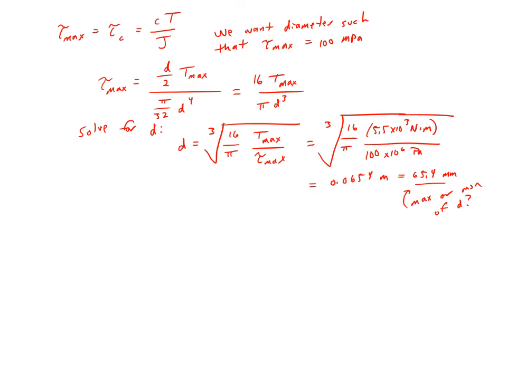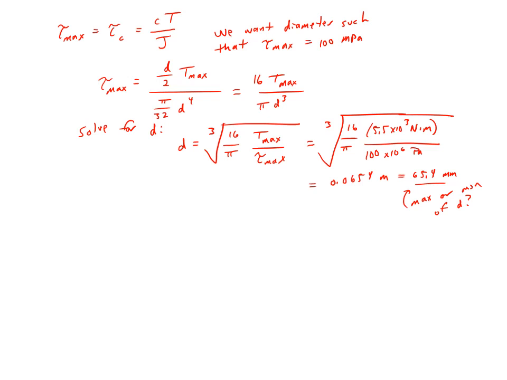All right, but basically, it's the minimum value, because if d gets any larger, the maximum shear stress is actually going to get smaller, right? And that would be a good thing, right?